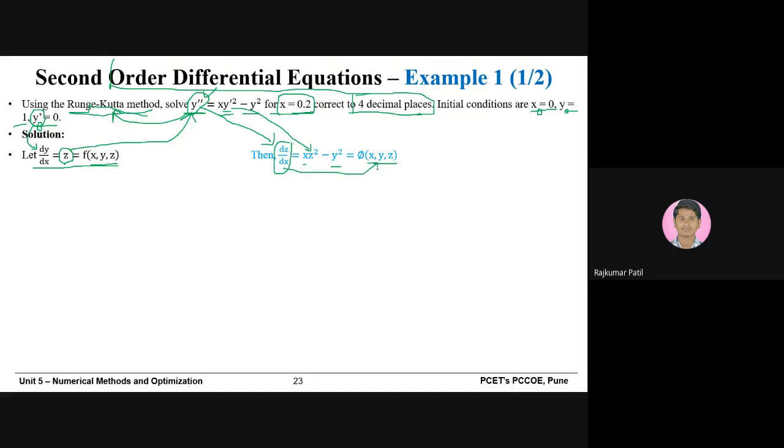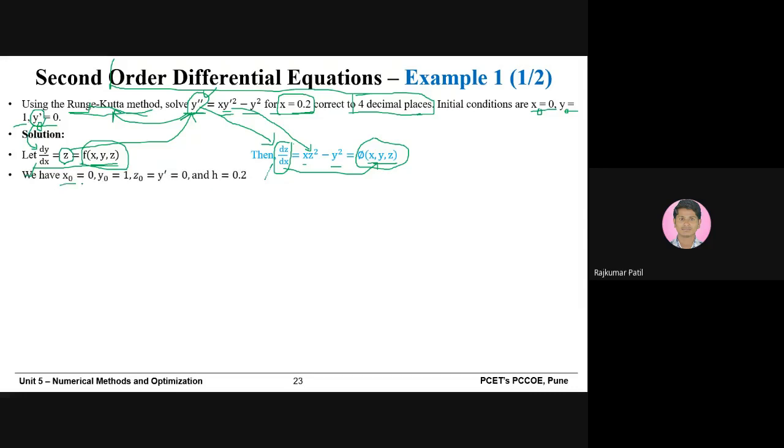So both f of xyz and phi of xyz are two simultaneous equations, and both are first order ordinary differential equations. So now we can solve these two simultaneous equations by applying Runge-Kutta second order method.